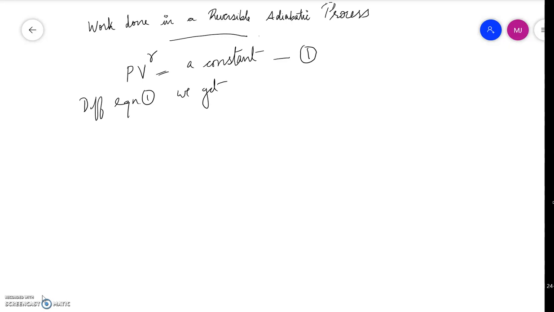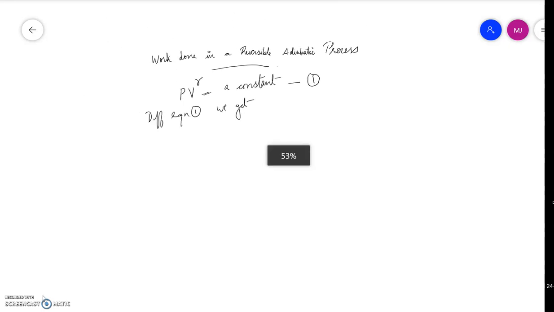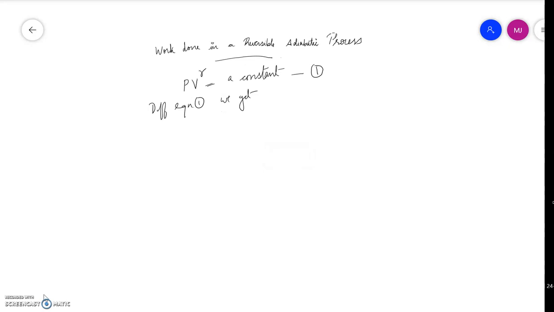I'm applying the product rule over here: first function into derivative of second, that will be gamma V raised to gamma minus 1 dV, plus second function into derivative of first, that will be dP, that is equal to constant.